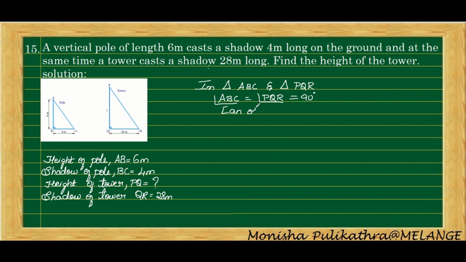An object and its shadow are perpendicular to each other, and perpendicular means 90 degrees. Therefore, we have taken ABC and PQR as 90 degrees. So one angle is satisfied.